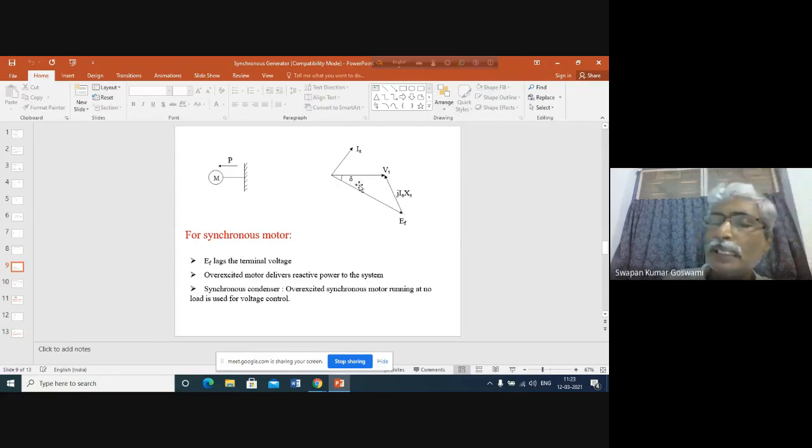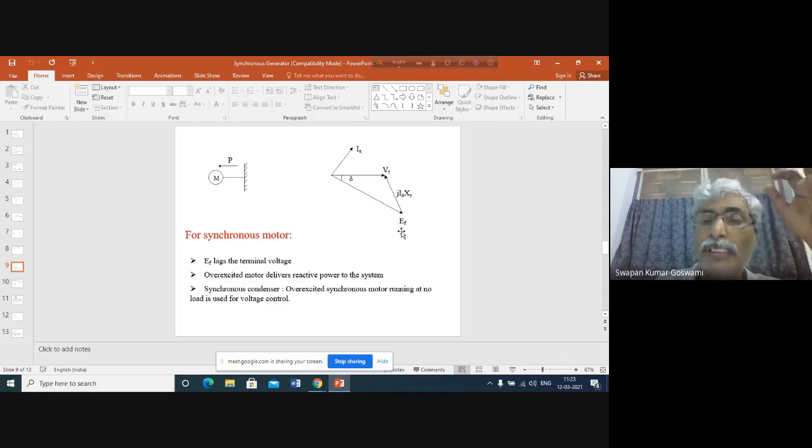So like the generator, unity power factor operation is for normal excitation, and excitation more than that will be called overexcitation. Here, for this particular drawing of the phasor diagram, EF cosine delta is exceeding VT. As a result, we can say that this particular generator motor is overexcited.